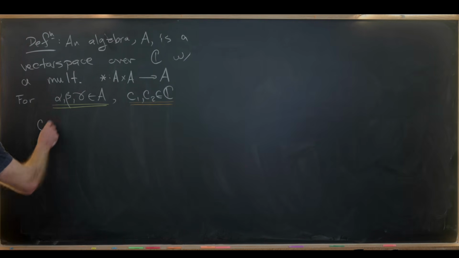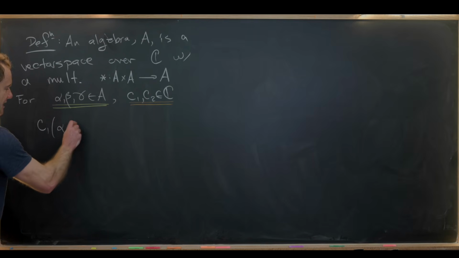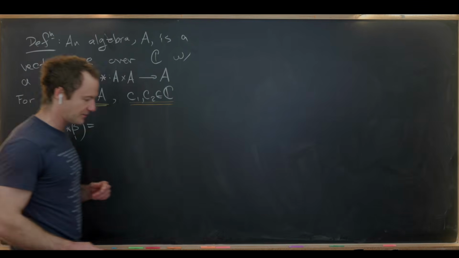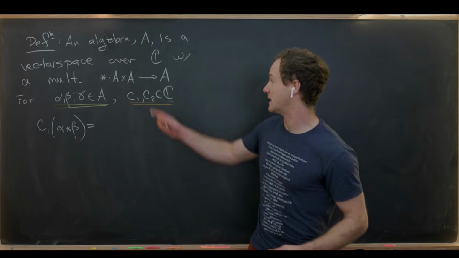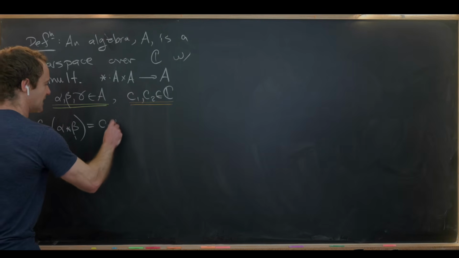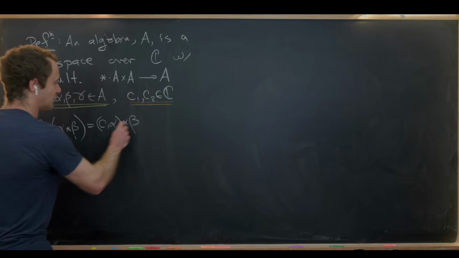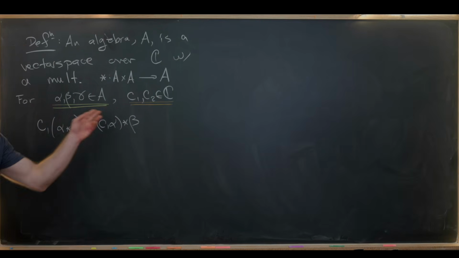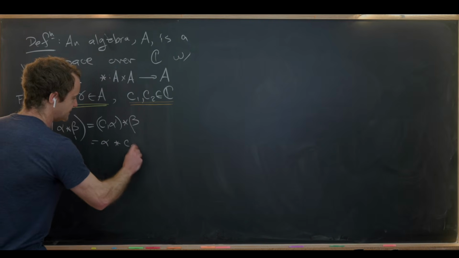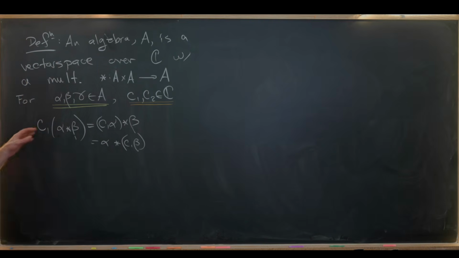If we take a complex number and multiply it into the product of two of our vectors, so this is the scalar multiple of alpha star beta. Recall that alpha star beta is going to be an element from A because we've got this operation. This is the same thing as doing the scalar multiple with any of our vectors and then doing our algebra product. So here we've got alpha star C1 beta. So that would be one thing.